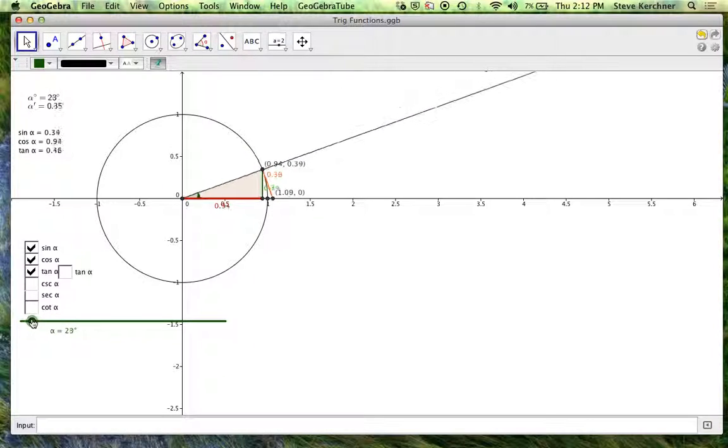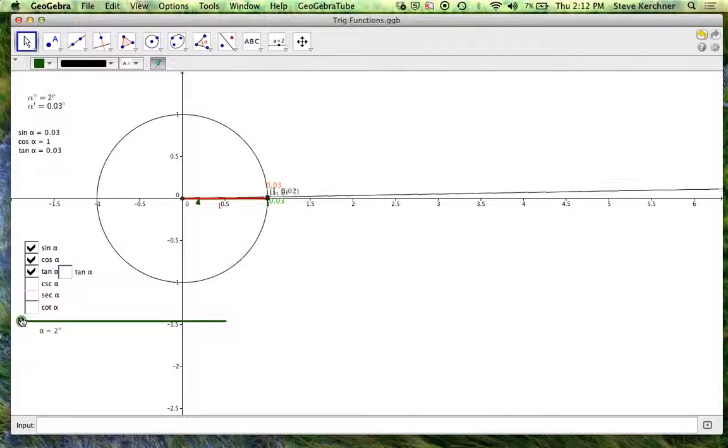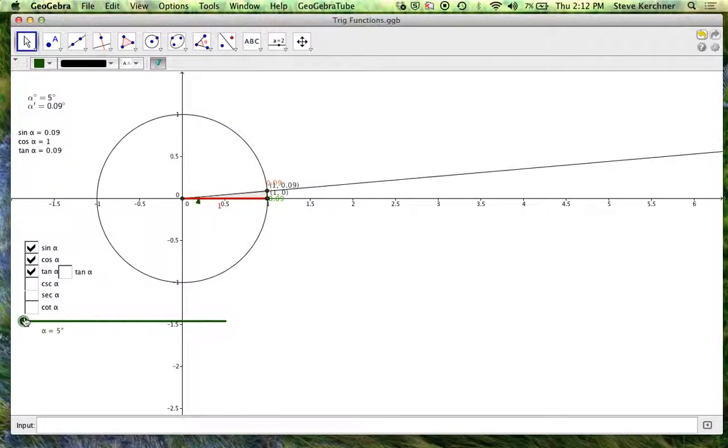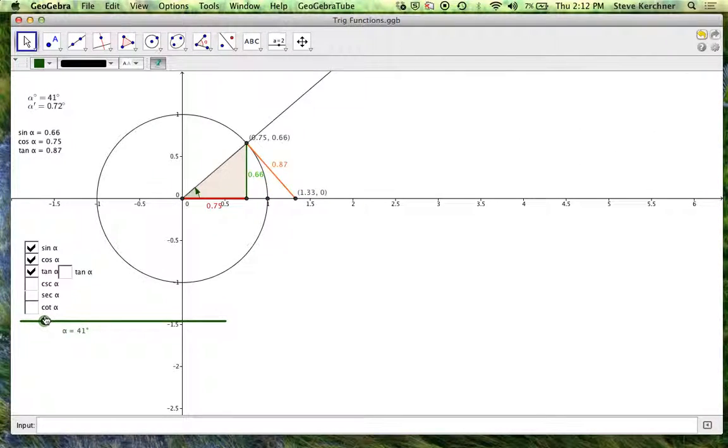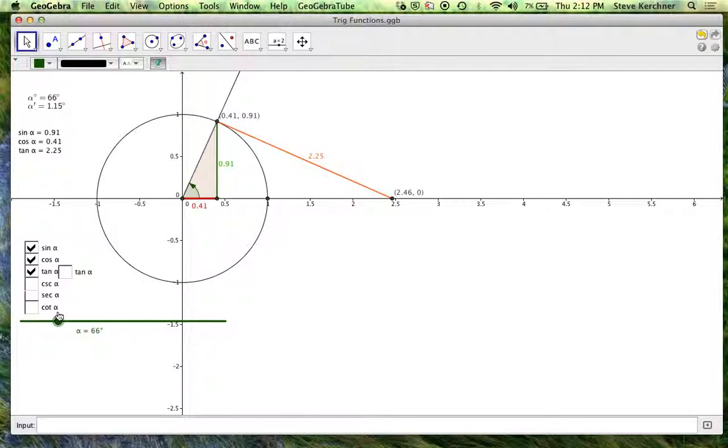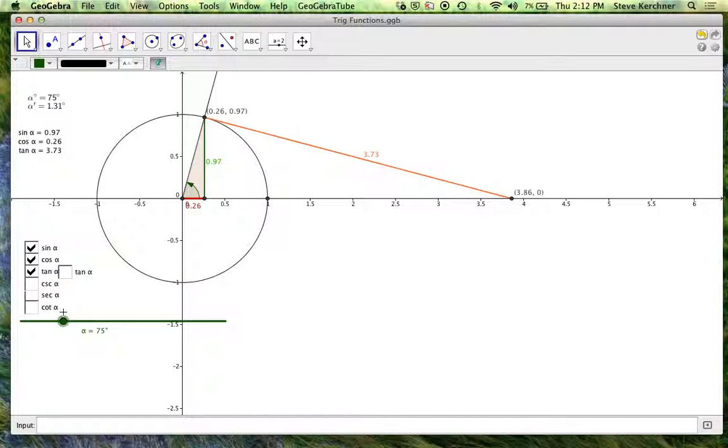I can go down to 0, so the tangent has a value of 0 when the angle is 0. As I increase, I see the tangent value increasing through 1 at 45 degrees. Above 1, that line increases its length. It's at now 3.73, so we know the slope of the angle is 3.73.